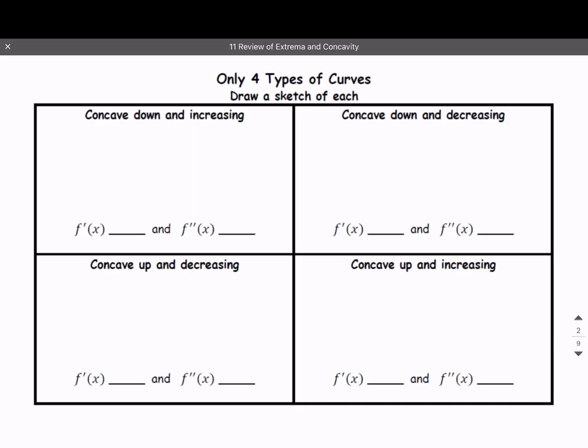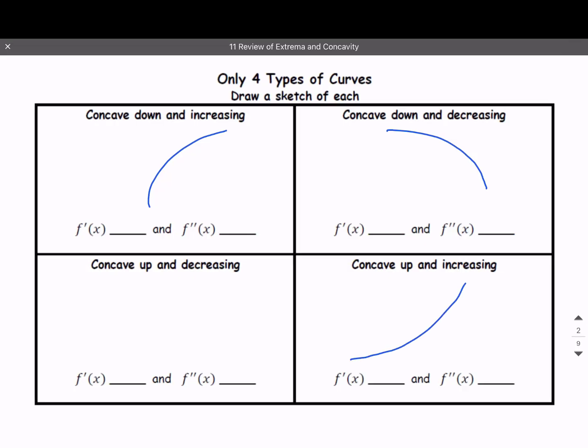They are concave down and increasing, concave down and decreasing, concave up and increasing, and concave up and decreasing. If you put them all together, you would have a circle. So it's easy to remember. I want you to try to remember that.